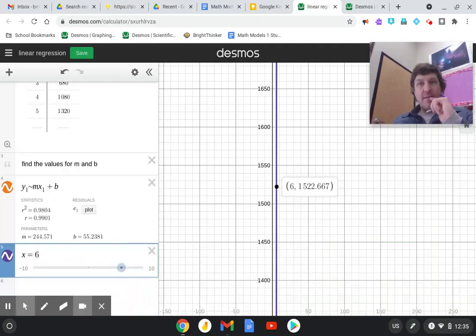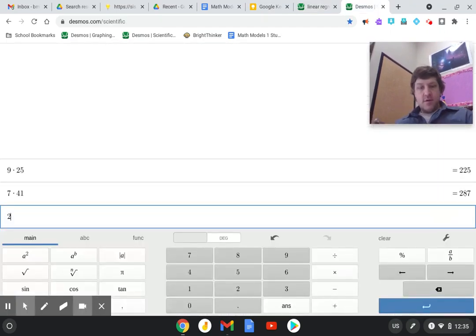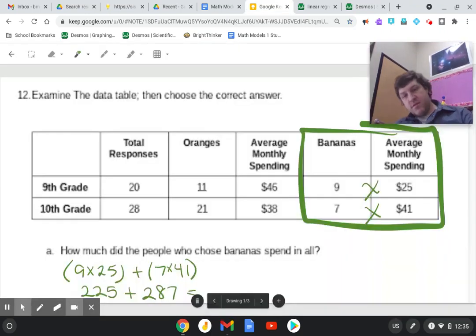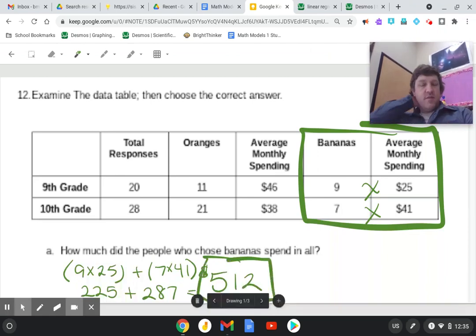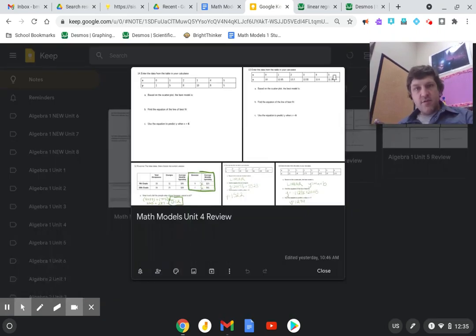Add those up. 225 plus 287 is 512. So that would be the amount of money they spent overall. Not a lot to say there. You did a ton of examples of this in the unit, so I think you guys will be fine on that. All right, 2 more regression problems and then we're done.